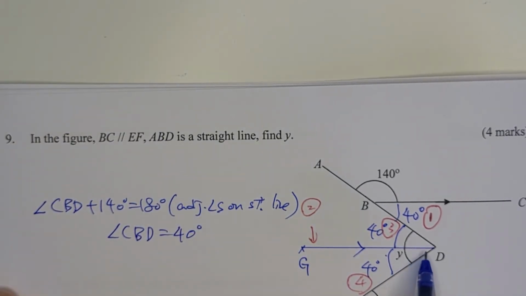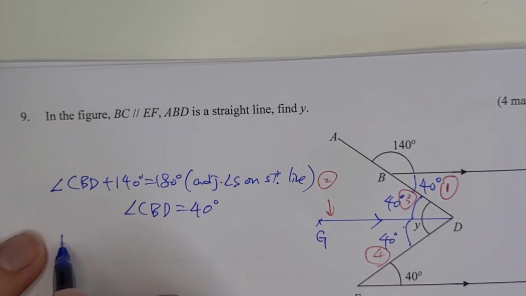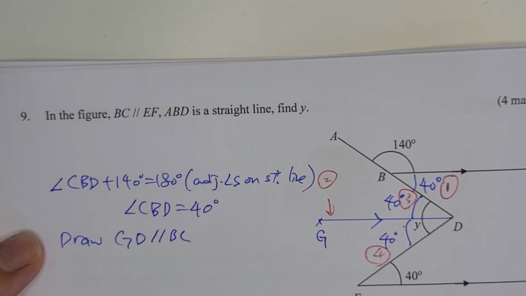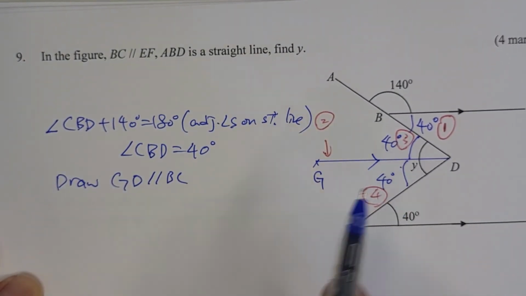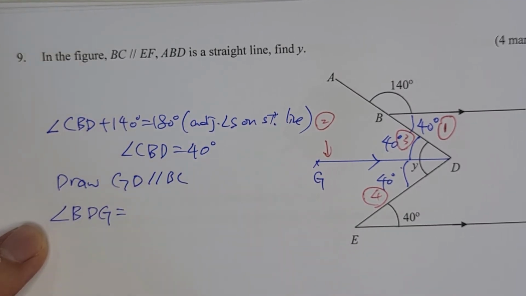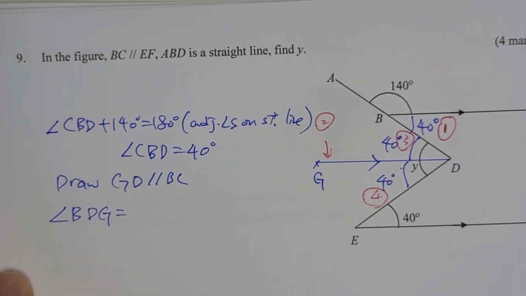Second step you do is add this one, right? Draw GD, this line, parallel to BC. The second action. So you write down in the next line. The third action, you find this angle. Angle BDG equals, now you cannot just write down 40 because there are so many 40 degrees here. You need to call the name of the angle.